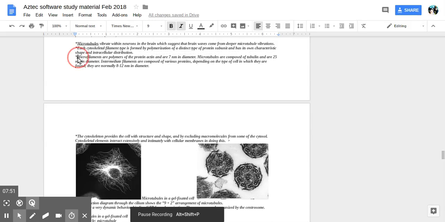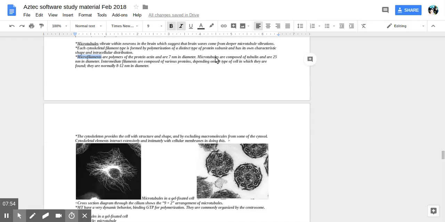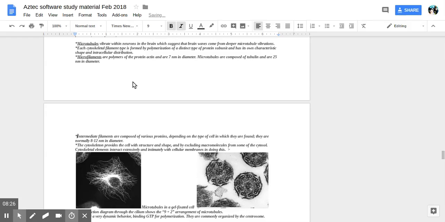They're tiny compared to microtubules, which are about 25 nanometers. Microtubules are composed of tubulin. Intermediate filaments are composed of various proteins depending on the type of cell in which they're found. They're 8 to 12 nanometers. So that's comparing their sizes.